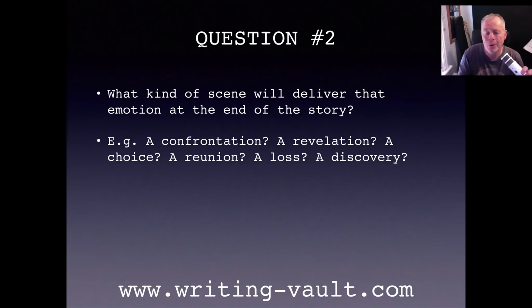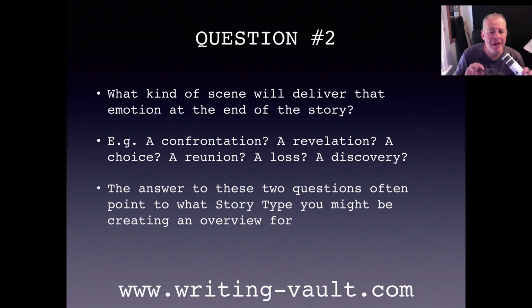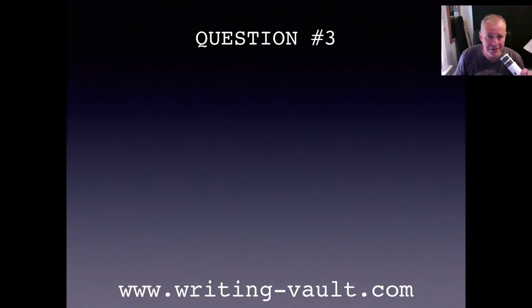So pick one that you think, yes, this will trigger that emotion. And by answering these 2 questions, you're probably going to point to what story type you might be creating, as an overview as you work through the 10 questions. Even just these 2 questions give quite a lot of story information if you know what to look for and you're looking to make those connections.